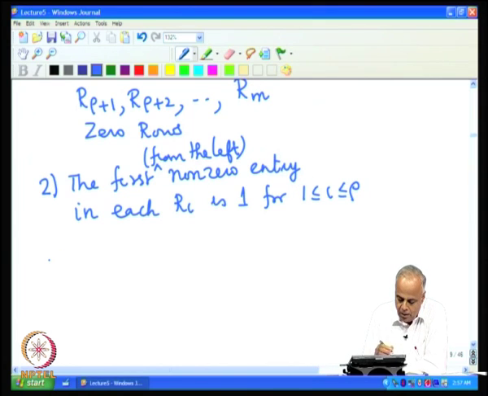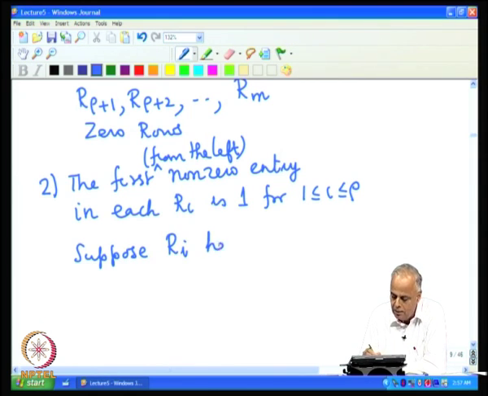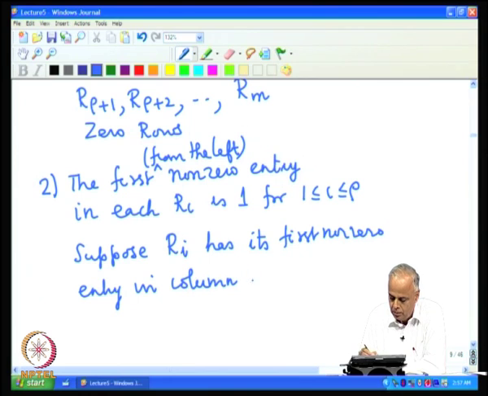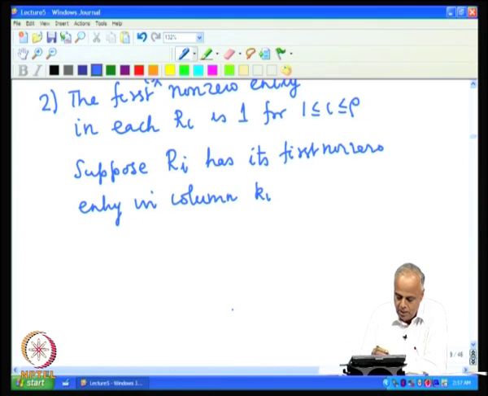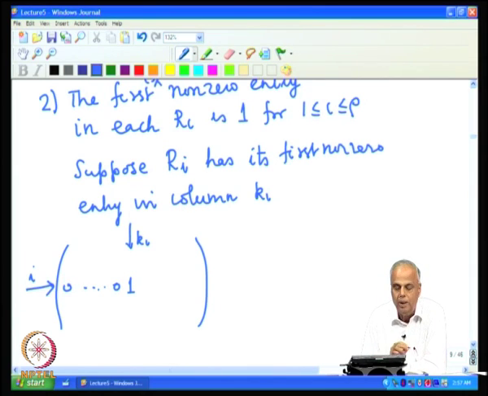Now, where does this appear? So, suppose Ri has its first non-zero entry in column Ki. The column index is Ki. What does that mean? That means if you take the matrix, this is the ith row, that is non-zero, and this is the kith column, and that must be 1, and all the entries before that must be 0.